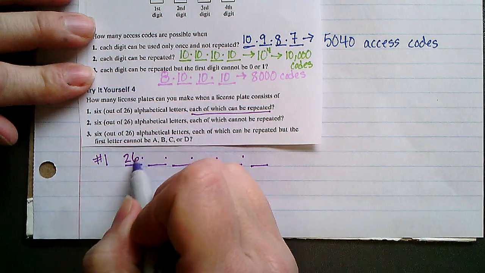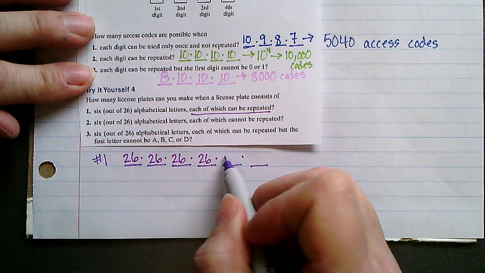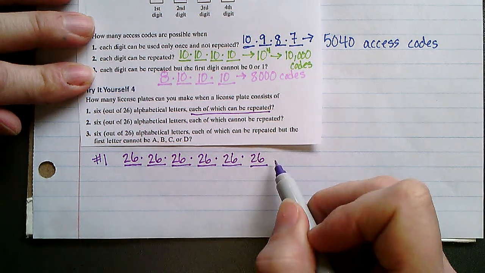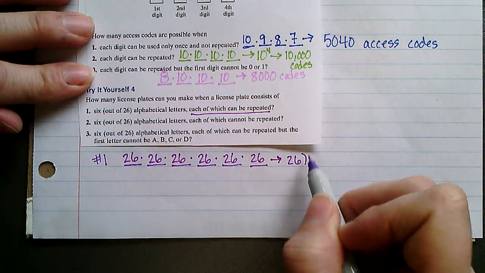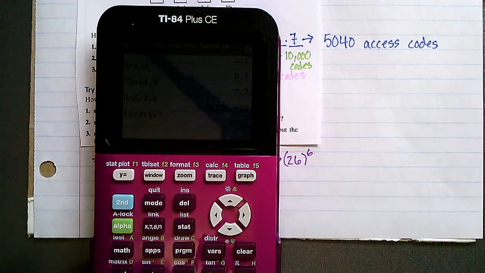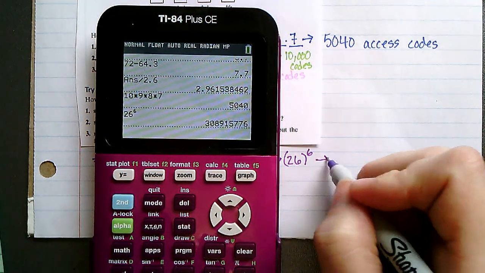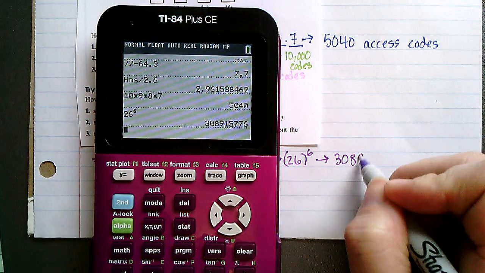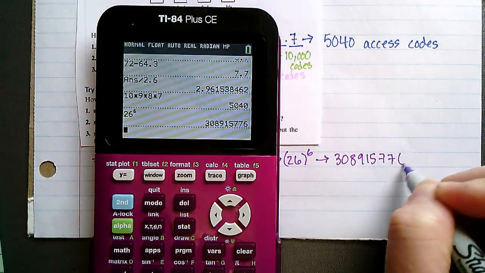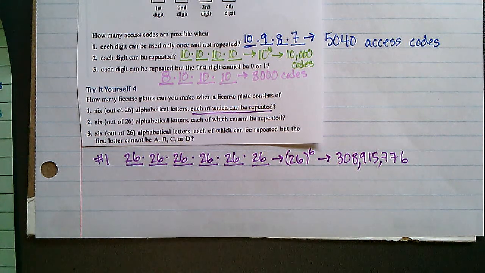So each of those decisions will have 26 different choices available. So that's going to be 26 to the 6th power. That's going to be a large number. 26 to the 6th power. Yikes. 308,915,776.